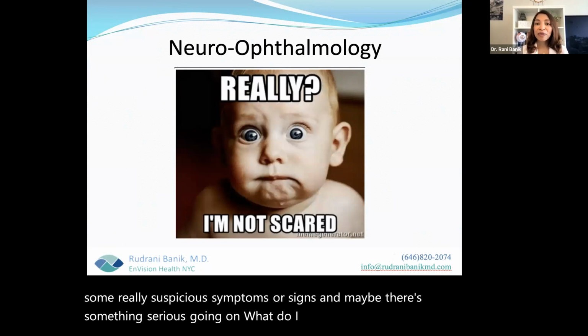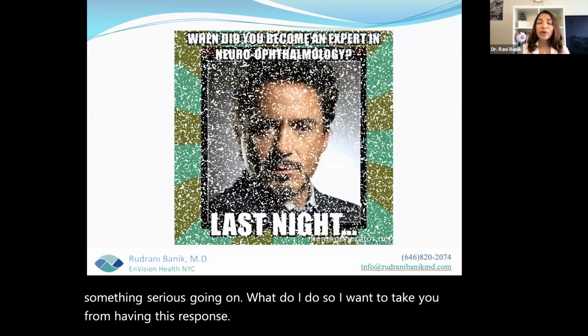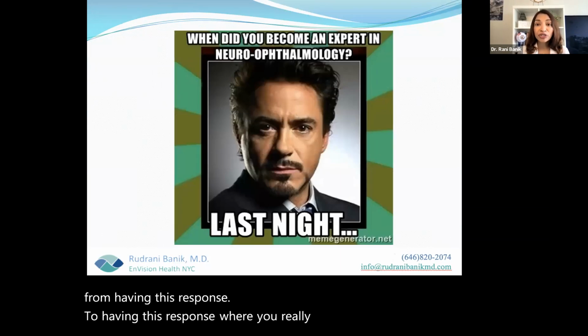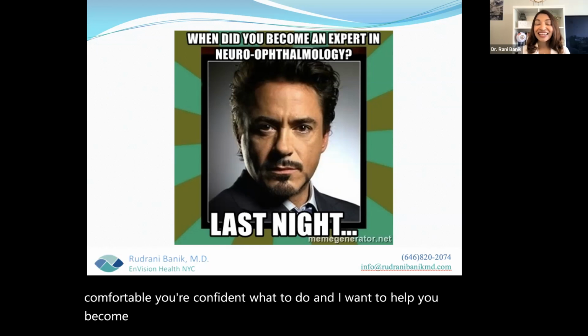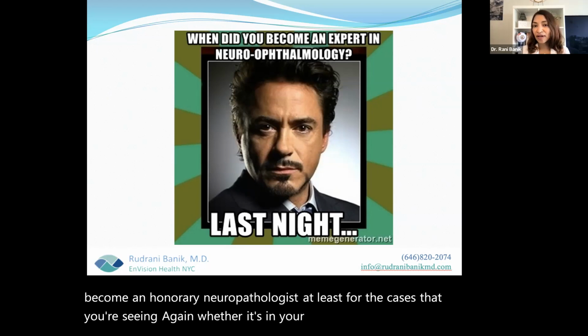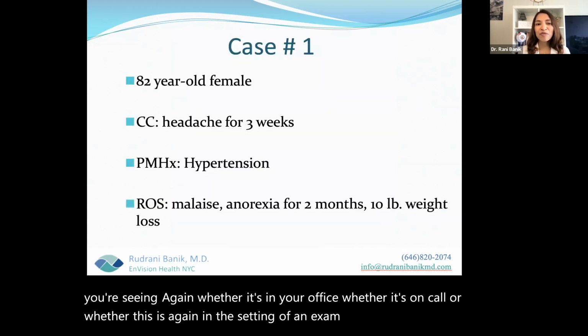So I want to take you from having this response to having this response, where you really feel comfortable, confident, and you know what to do. And I want to help you become an honorary neuro-ophthalmologist, at least for the cases that you're seeing, whether it's in your office, whether it's on call, or again, in the setting of an exam. So let's start with case number 1.